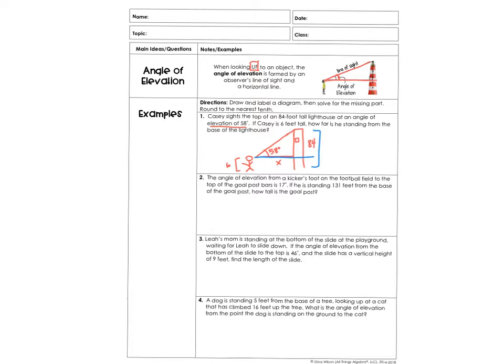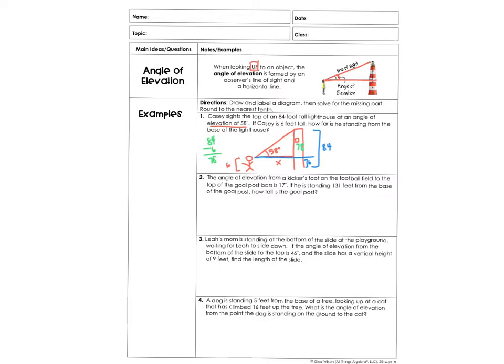So this piece of the lighthouse is 6 feet. The whole thing is 84. And so we need to know what the actual piece of the triangle is that it creates. So we need to take 84 minus the 6 feet and get 78. So the actual piece of the triangle that we're looking at is 78.